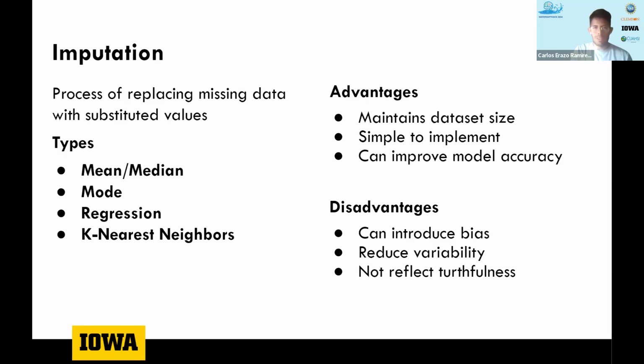So what is imputation? Imputation is a process of replacing data with substitute values. By substitute values, I mean you have to either generate new values or see the underlying parts of your information. How do you do that? Well, we use a little bit of statistics in here by obtaining the mean and median of the data sets that you have available.